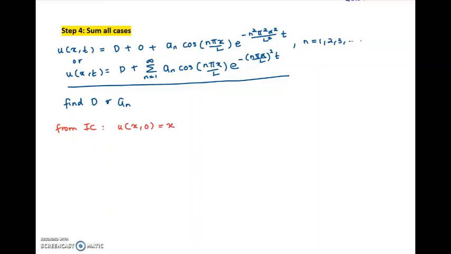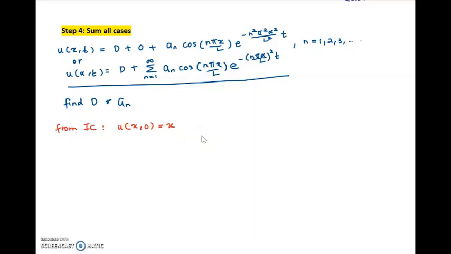We can directly apply this one, because it is given in terms of u, not in terms of a derivative. So when t equals 0, u is x.